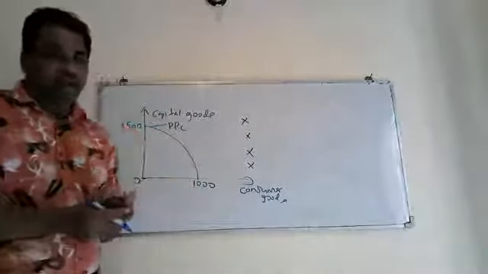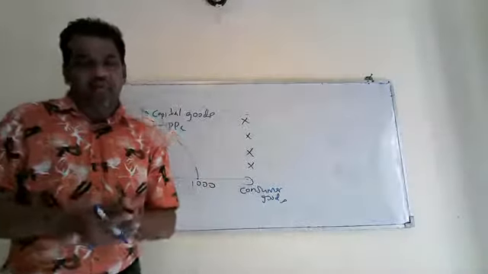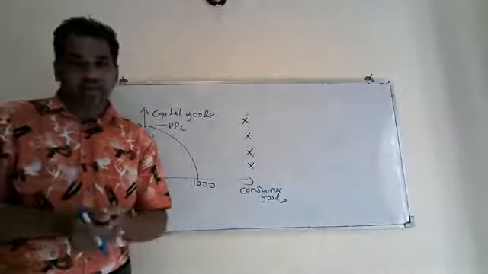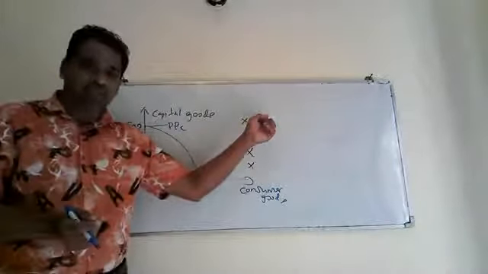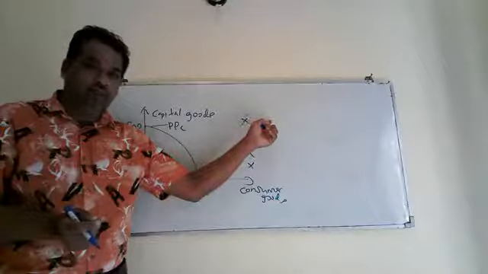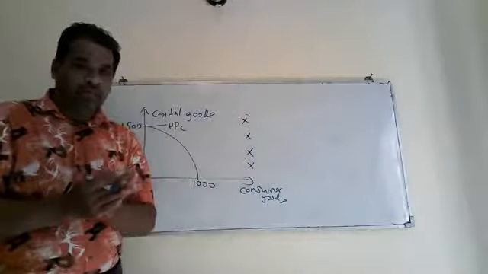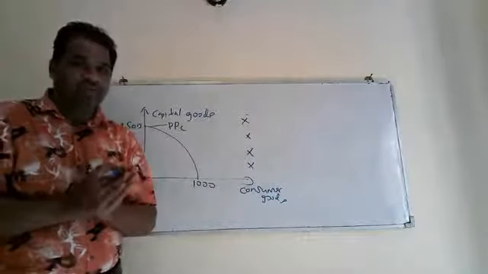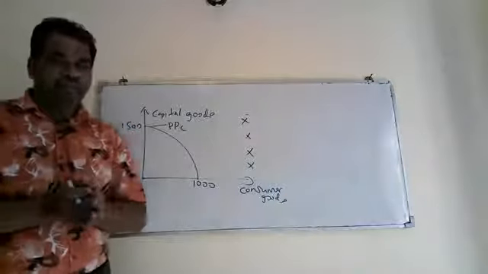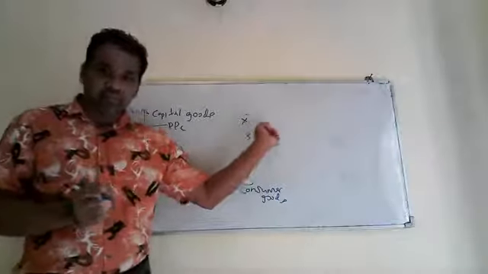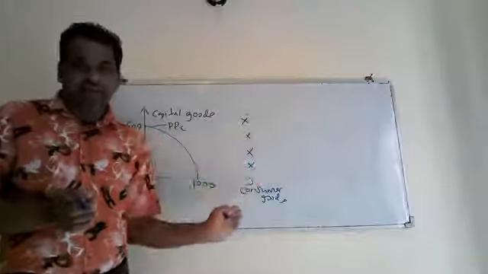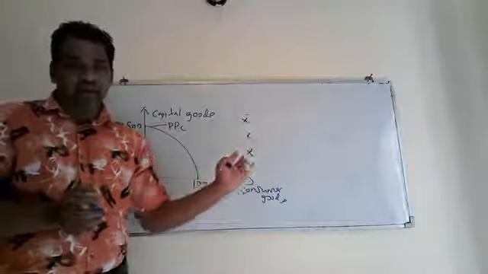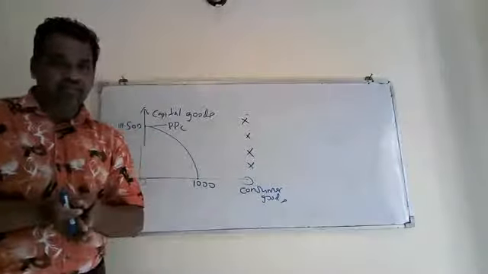Number 3, country is using all the resources available in the country in efficient manner. You have to mention, and also you have to define what is a possible PPC curve. PPC curve is a curve which is used to indicate the maximum production capacity produced by a country by using their existing technology and using all the resources in efficient manner.